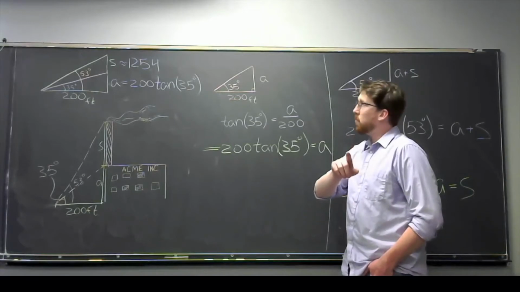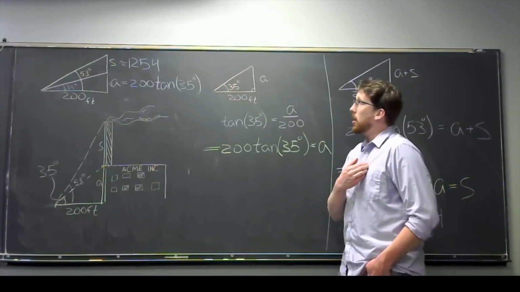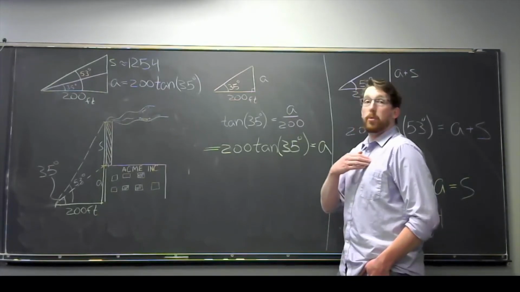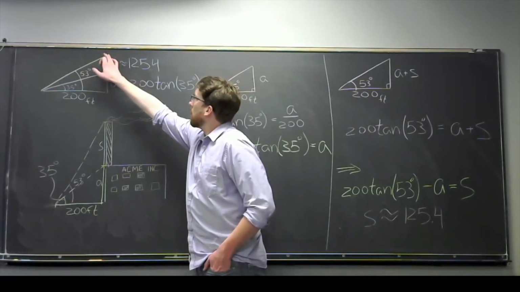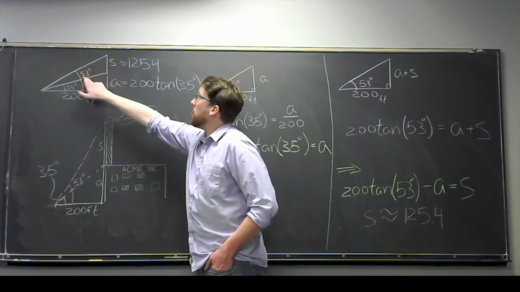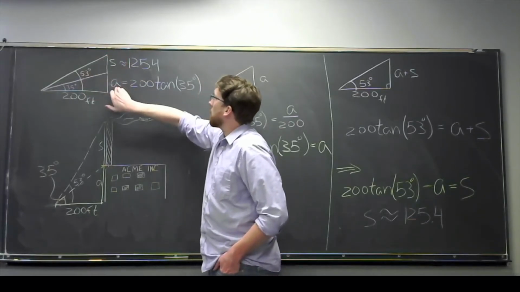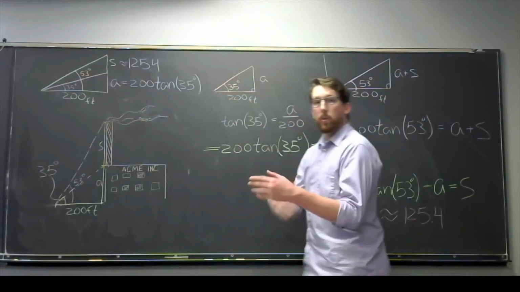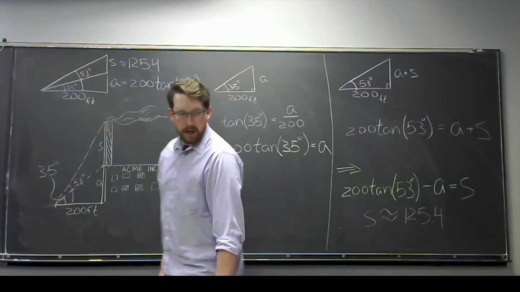But we do know that standing 200 feet away to look up at the very tip top, we have to look up at an angle of 53 degrees. And the length of this entire side is going to be A plus S. So we can set it up and solve for S.